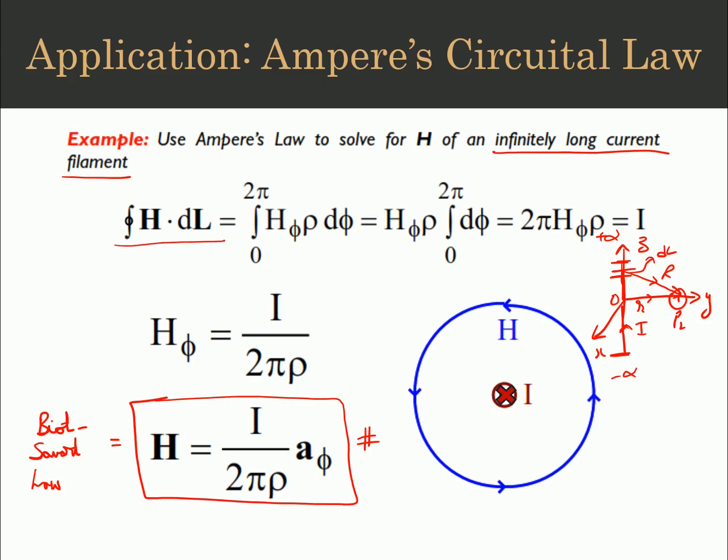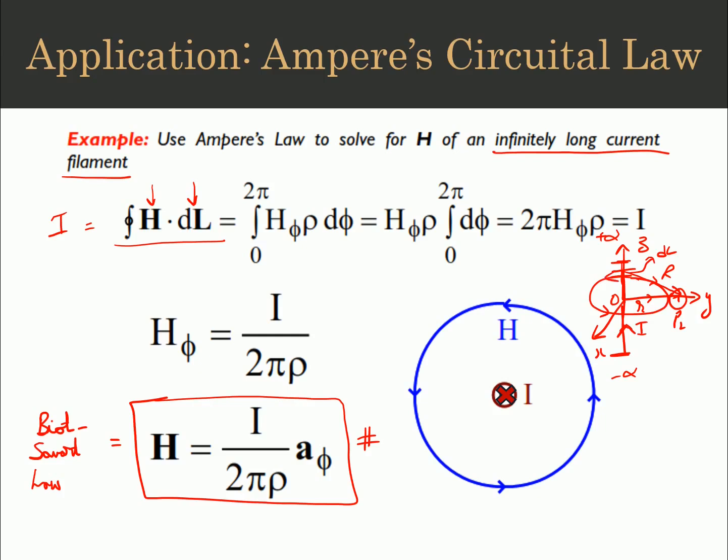Mathematically we can also prove it: the current is equal to the closed-loop integral of the dot product of the magnetic field with the differential length. So we input the integration limits, from 0 to 2 pi along the azimuthal plane. Why? Because if the current is moving in the upward direction, the magnetic field will follow the a of phi direction.